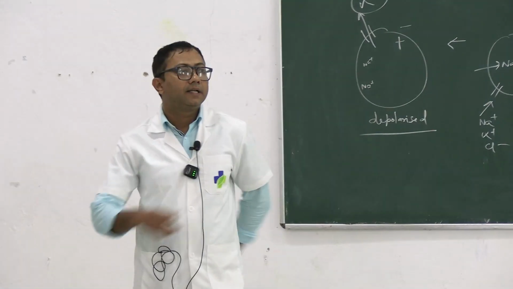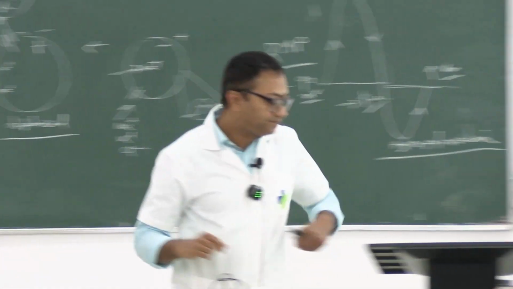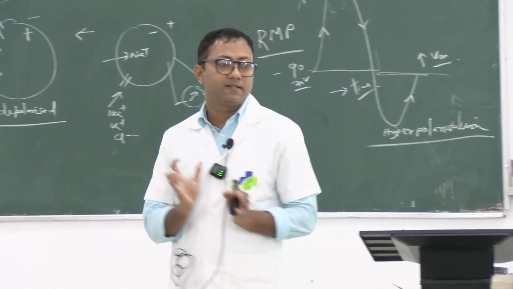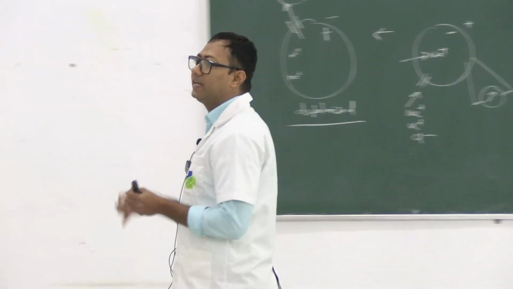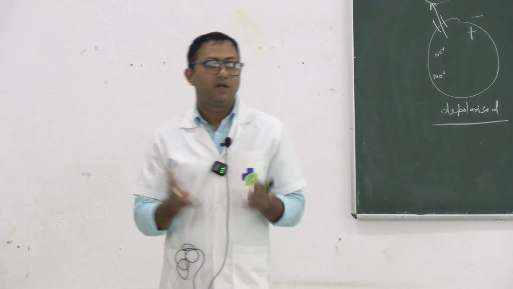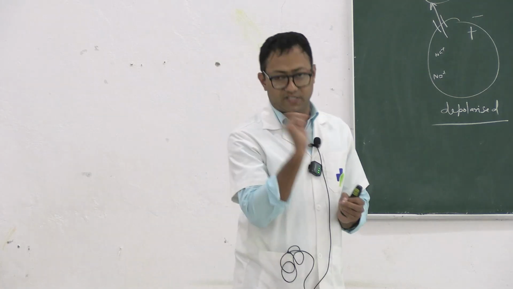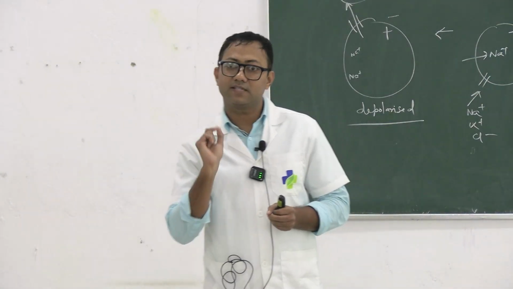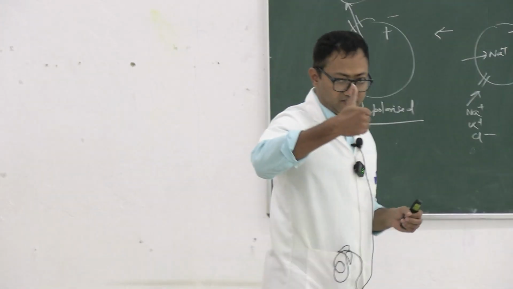Now, let me give you an example. A cell, an excitable cell, definitely an excitable cell. Assume we are doing an experiment with an excitable cell. We have an excitable cell, and we will apply electricity to that cell membrane, so that the cell is excited and the cell membrane potential moves towards depolarization.